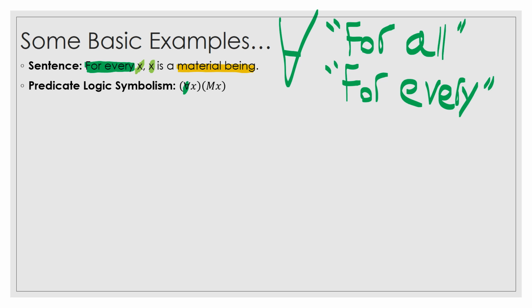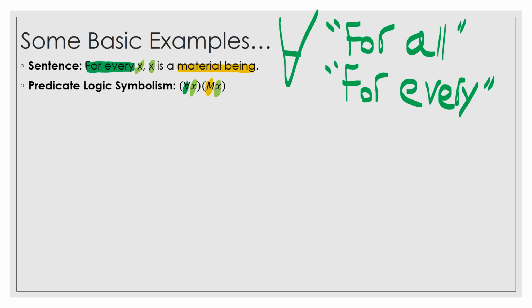For all x, x is a material being. And of course, material being is our predicate. It's a predicate about our variable x. X we call a bound variable because it's bounded by the universal quantifier. Our predicate M we can call a free variable. It has no quantifier at all.